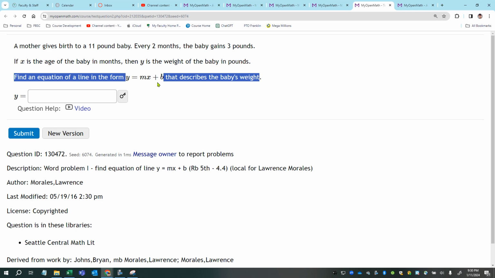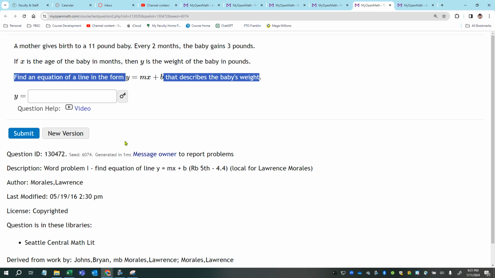It's the form of a line that shows m, the slope of the line, the steepness of the line. M is whatever number is next to the x variable. Then there's some other number that has no variable next to it called a constant, and we refer to that in general as b. And that constant represents the y-intercept, or where to start on the y-axis when you're graphing the line.